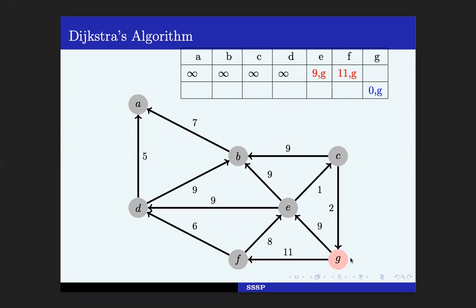But that is not possible, because G has only two edges going out of it, which are 11 and 9.